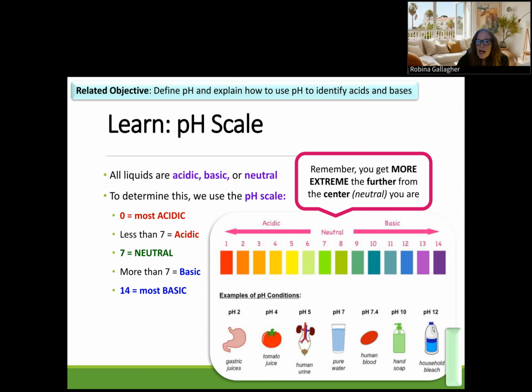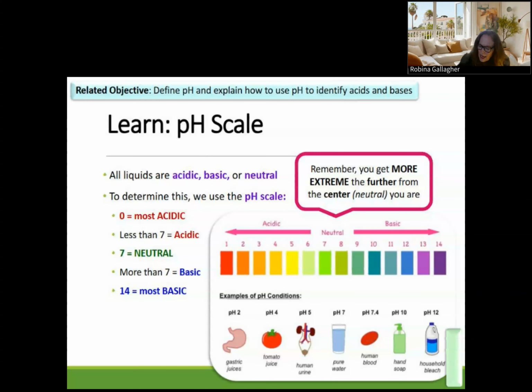So when I talk about pH, okay, pH is a scale, and notice that pH actually goes from 0, which is the most acidic, the strongest or highly acidic, all the way to 14.